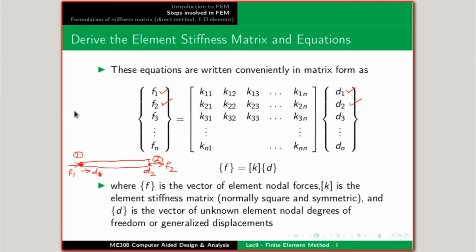On the other hand, if we consider a quadratic element, which we have seen earlier, it will have three nodes, 1, 2 and 3. In the case of a three noded element, the nodal forces will be F1, F2 and F3. Similarly, displacements will be D1, D2 and D3.